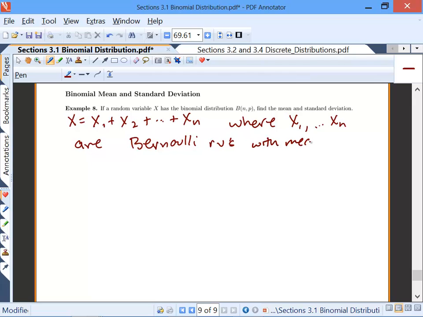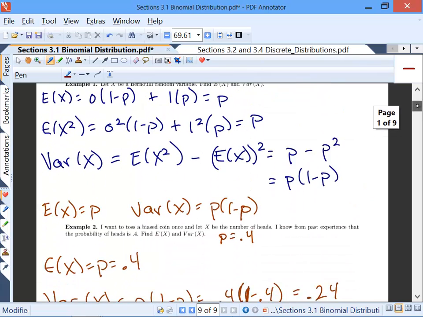So with mean of p, and what was the variance? We can scroll up and look.